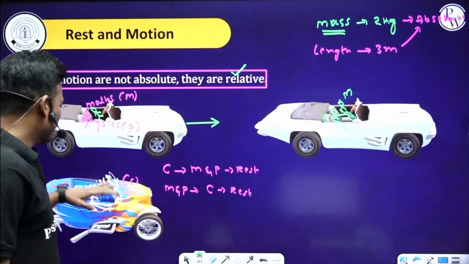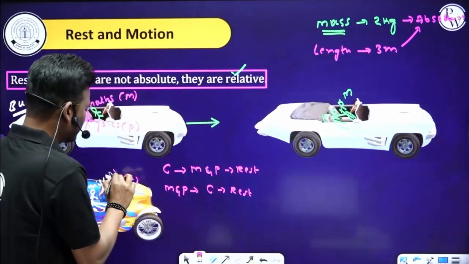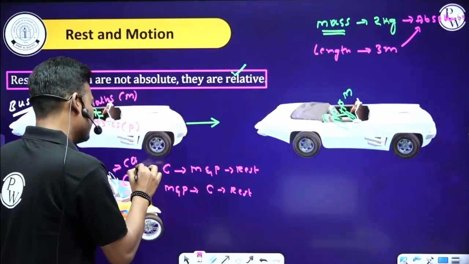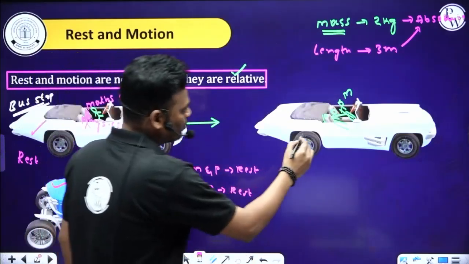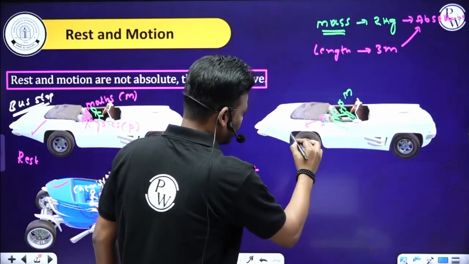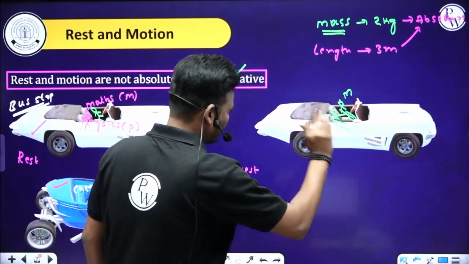Now this chemistry fellow calls physics, and the physics fellow receives the call.